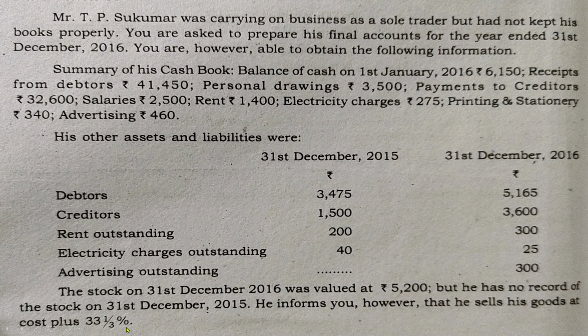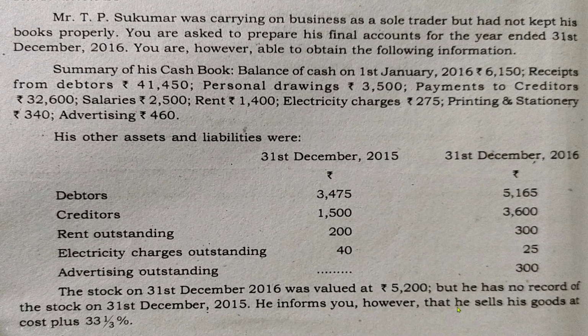See, I have mentioned this percentage rate with regard to gross profit or sales in the previous class, and whenever 33 1/3% of a certain item is given, make sure what it is related to. Here it is said that he sells his goods at cost plus 33 1/3%.